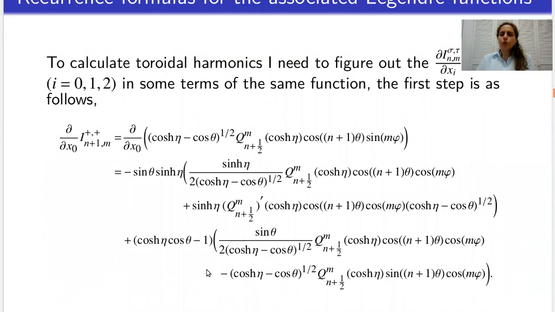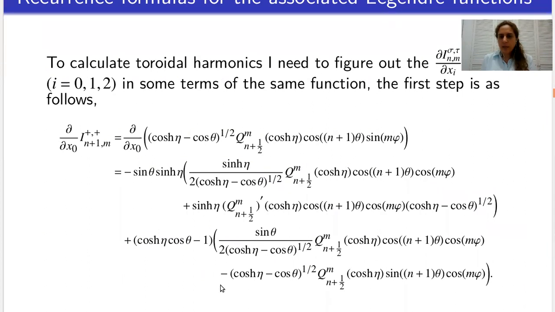To calculate toroidal harmonics, I needed to figure out the derivative of capital I with respect to x0, x1, and x2. To do this and find the result for these derivatives in terms of the same function, for the first step I needed to find the derivative of this function.